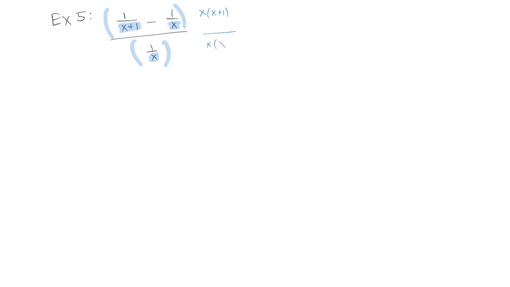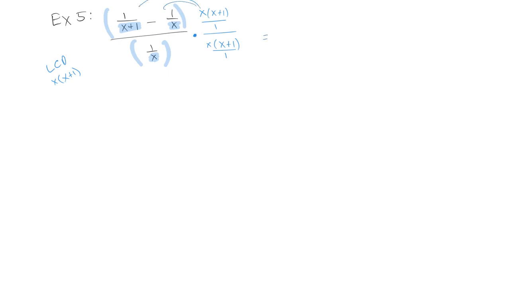So we're basically just multiplying by this well-chosen 1, okay? And that is the LCD of all of those fractions. And then that's actually going to be all over 1.